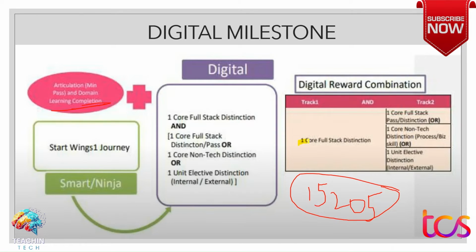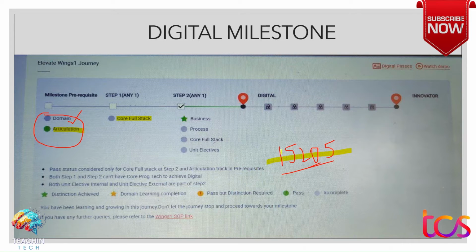So they said track 1 full stack distinction. If you need to know how results are published and what the percentages are, before there were percentages, now these are percentages, right? If you need that information, you can watch my previous video on the updated SOP for the Wings 1 November cycle.